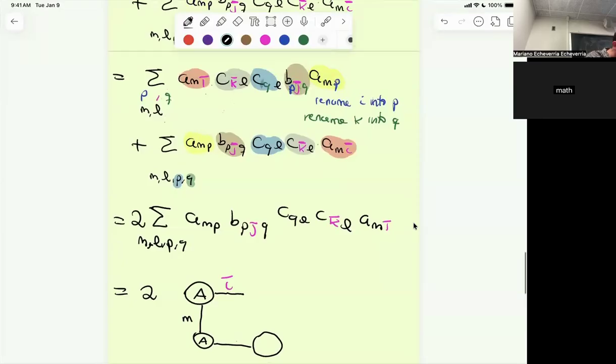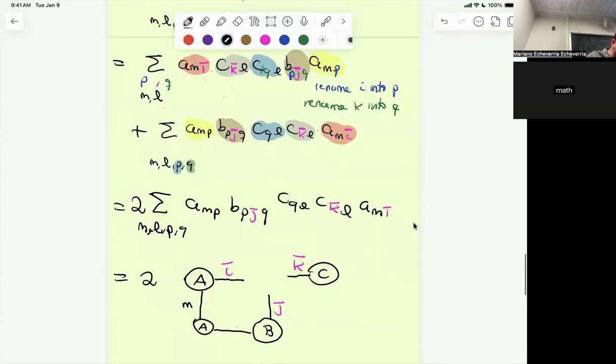This is fine, but I think I may have messed this up. I became P and K became Q.